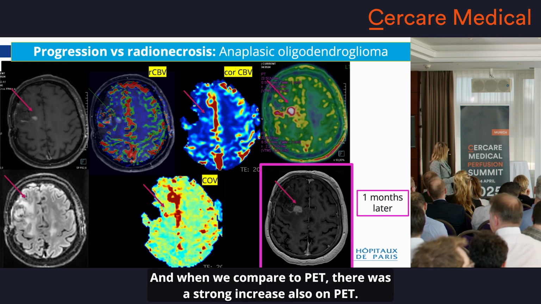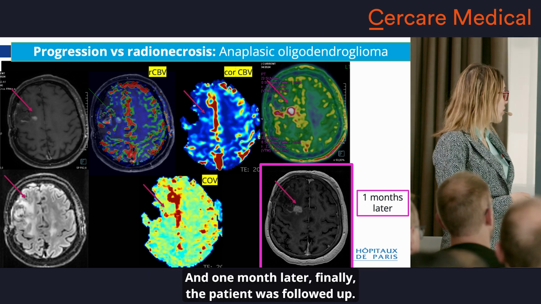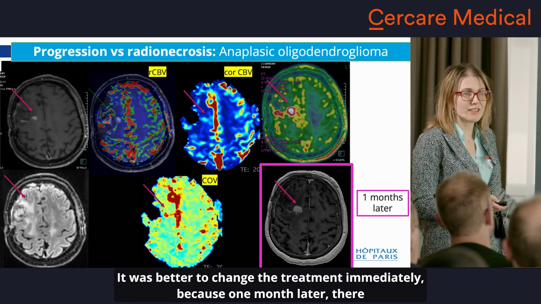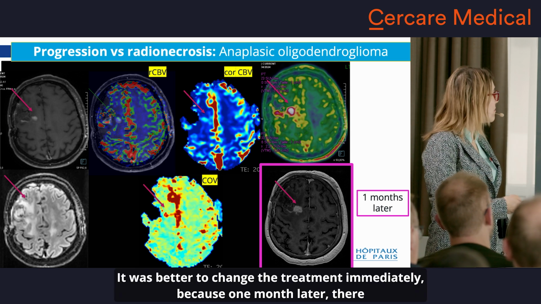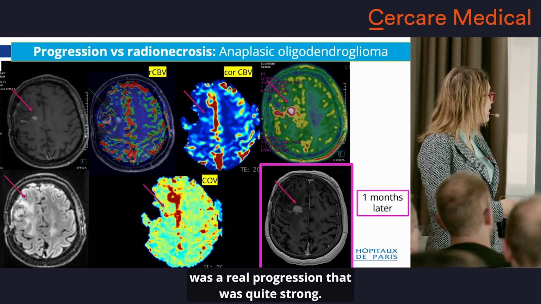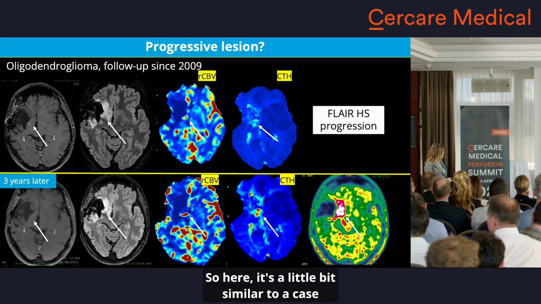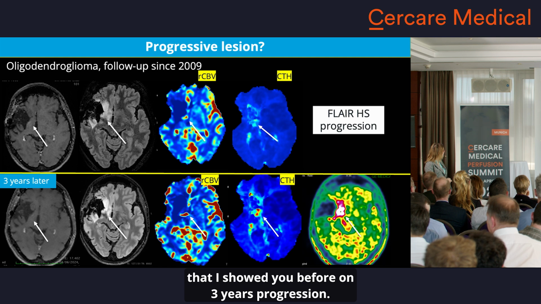And when we compare to PET, there was a strong increase also on PET. And one month later, finally, the patient was followed up. It was better to change the treatment immediately because one month later, there was a real progression that was quite strong.